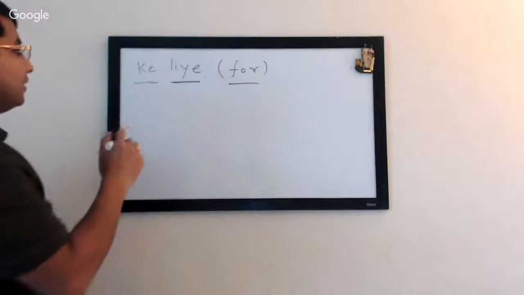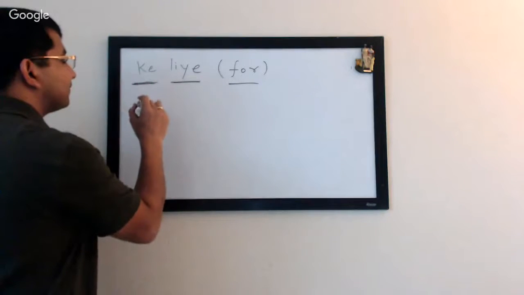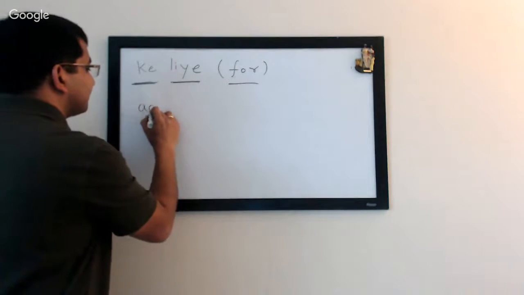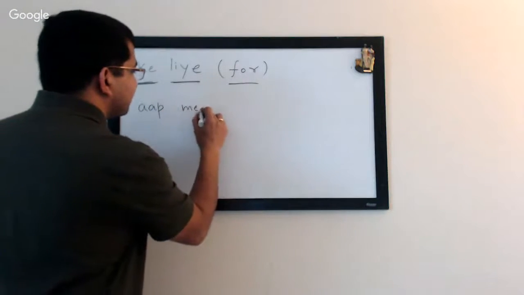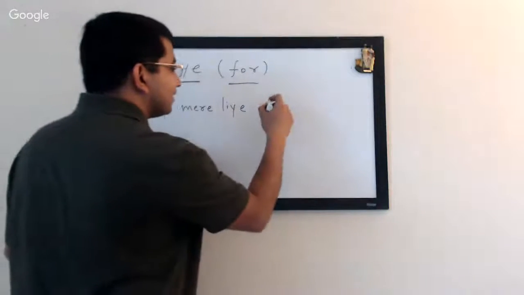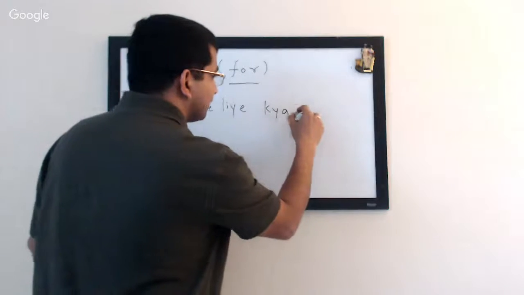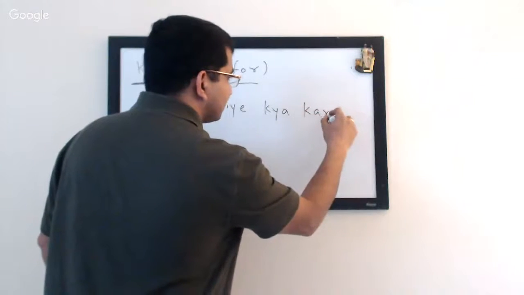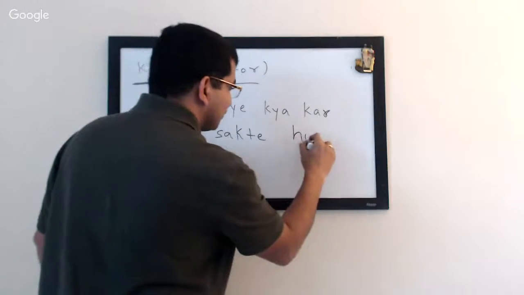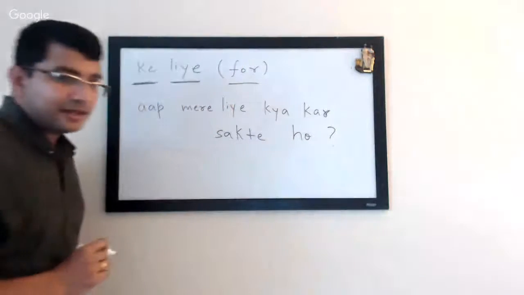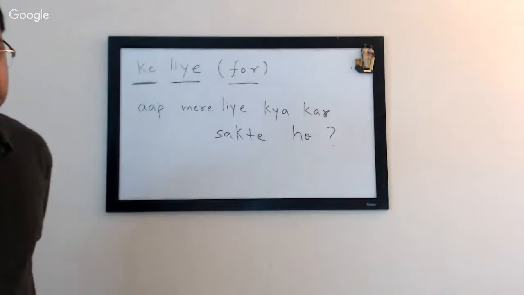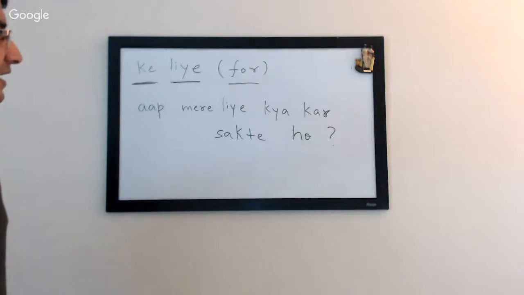We'll do some more. आप मेरे लिए, so this one I'll try to do a little bit romantic. क्या कर सकते हो? Think about it. What's the meaning of it? आप मेरे लिए क्या कर सकते हो?